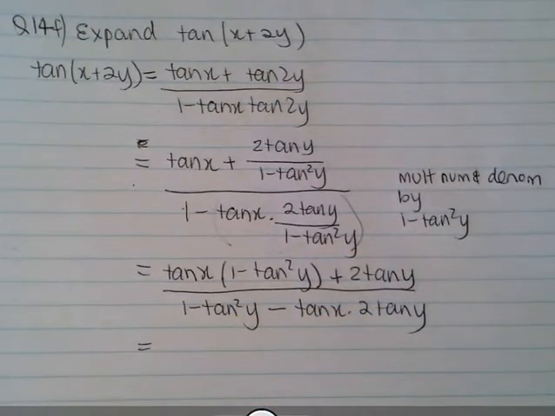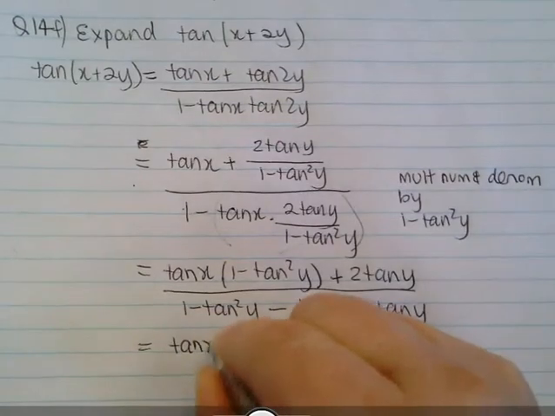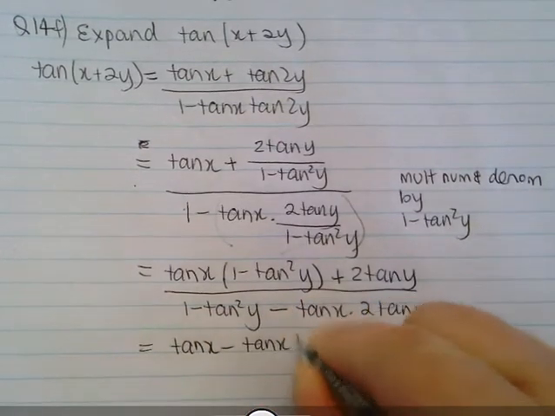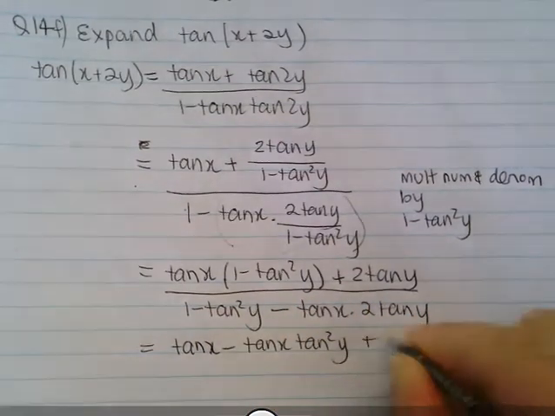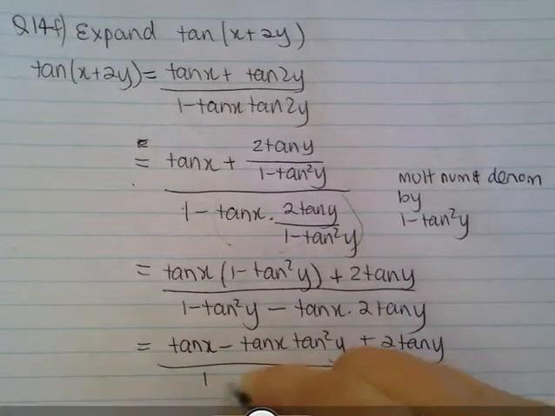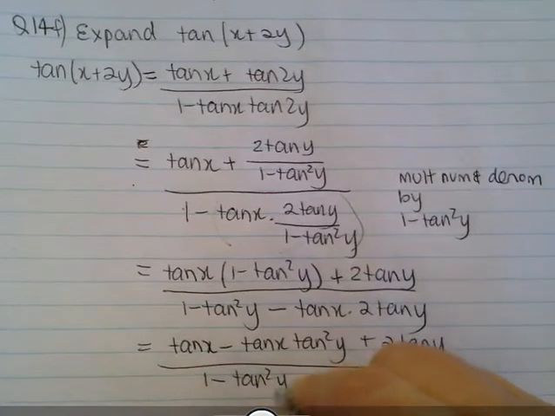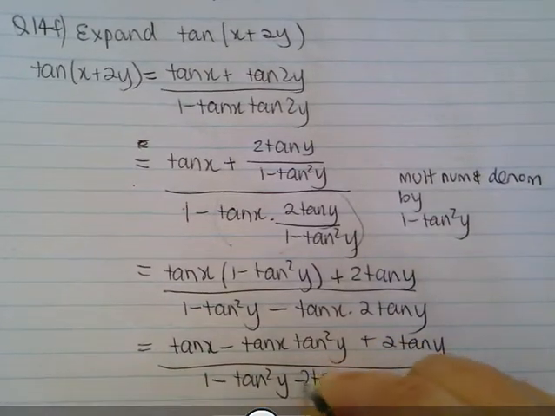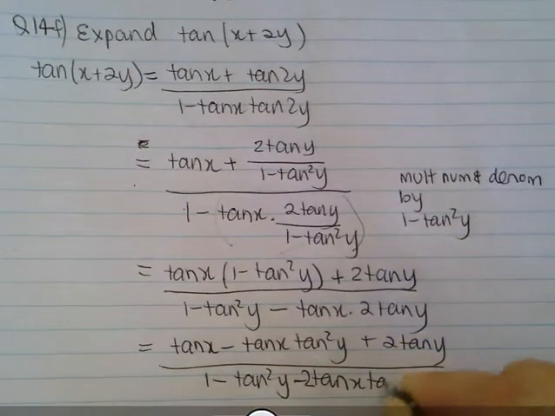Now, I suppose we could either leave it like that, or we could expand out the brackets. Tan of x minus tan x tan squared y plus 2 tan y over the same denominator, 1 minus tan squared y minus 2 tan x tan y.